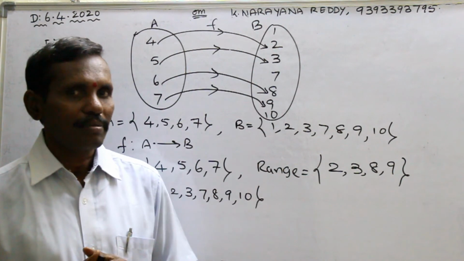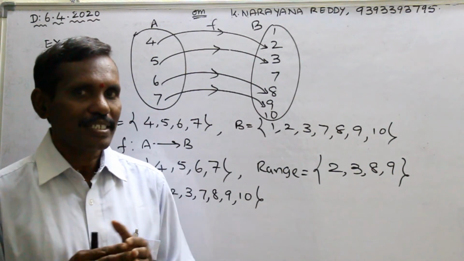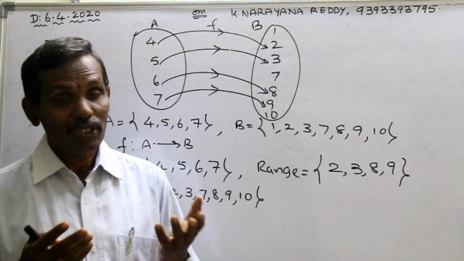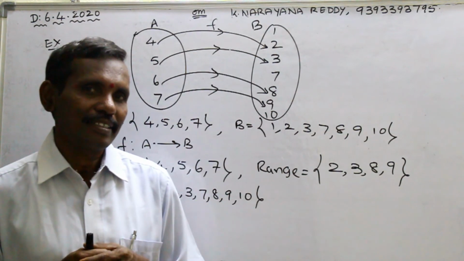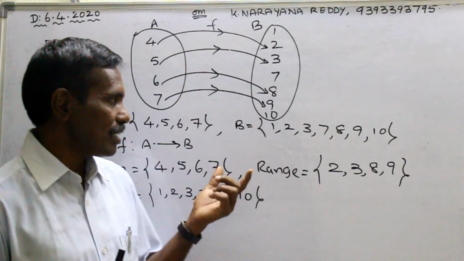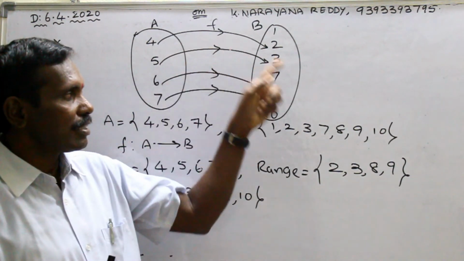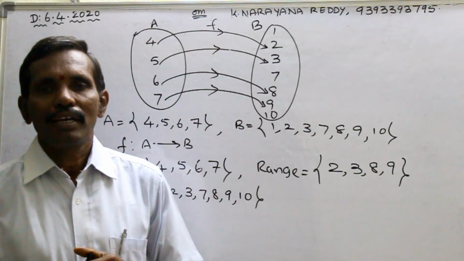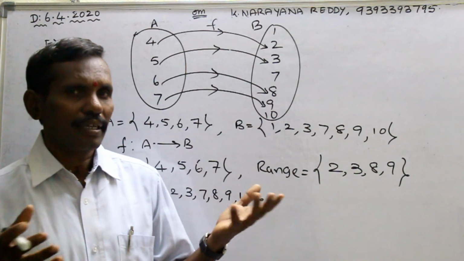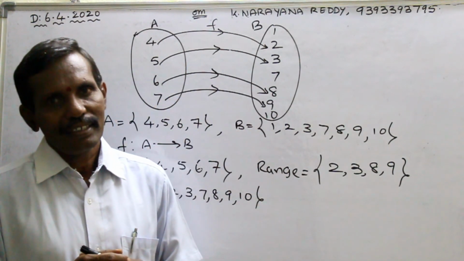These are very important prelims in functions, because some students are confusing domain, codomain and range. What is the difference between codomain and range? And what is the difference between domain and codomain? Don't confuse. This example is the clarity picture. Practice by taking some other examples, practice so many problems, and we can get some clarity about those differences.